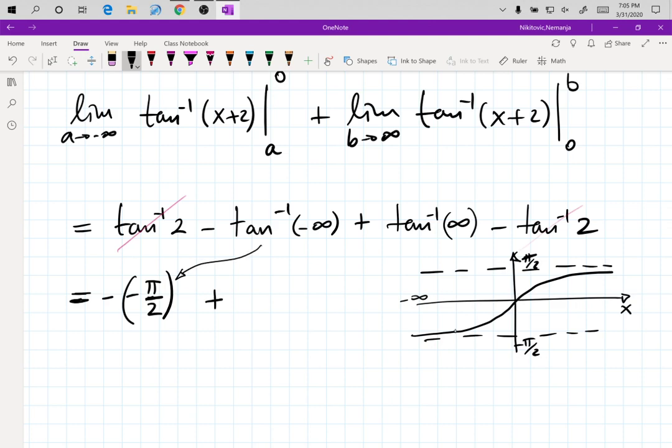And then we have plus tangent of infinity goes this way. So pi over 2 for a total of pi. So pi over 2 plus pi over 2 is pi. And there we go. That's what it is.